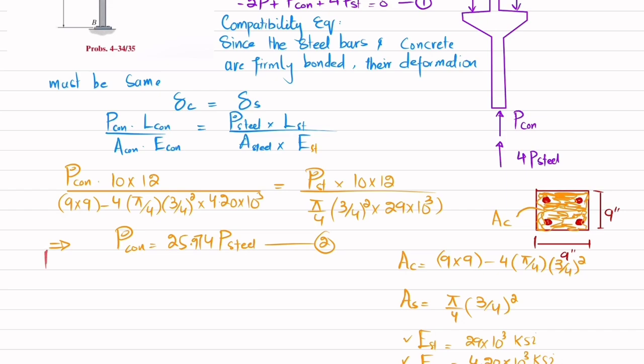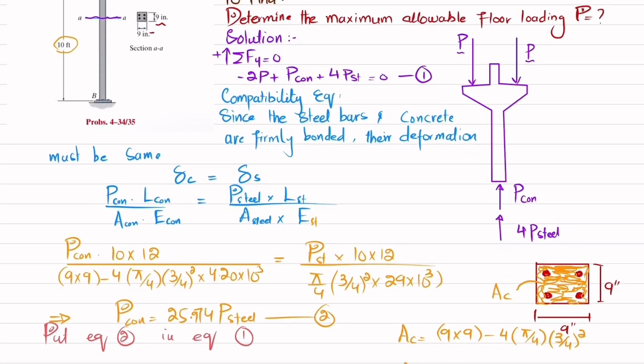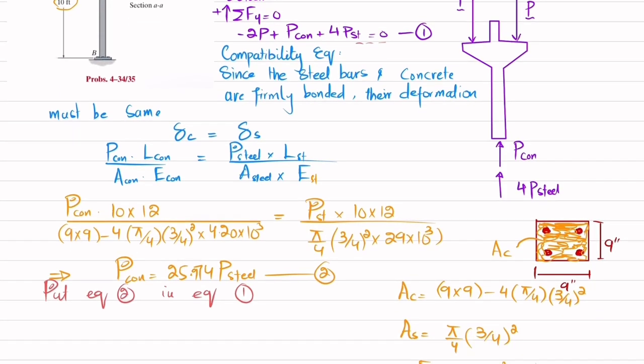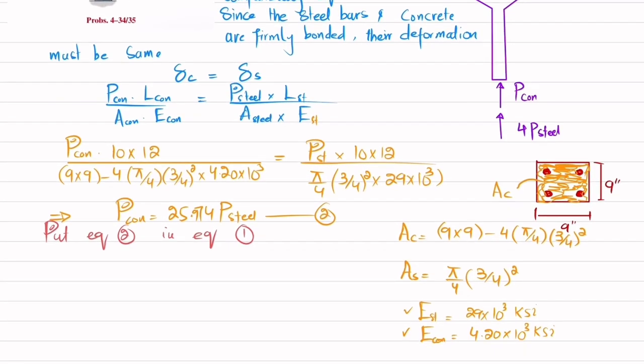Now what we will do is put equation 2 in equation number 1. So you will get P of steel equal to 0.06672 times P. Now you have P of steel.